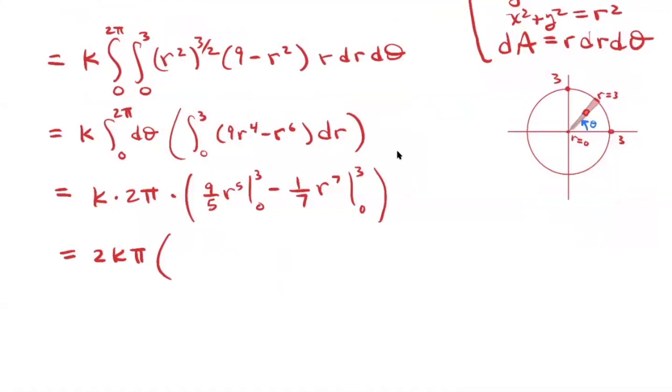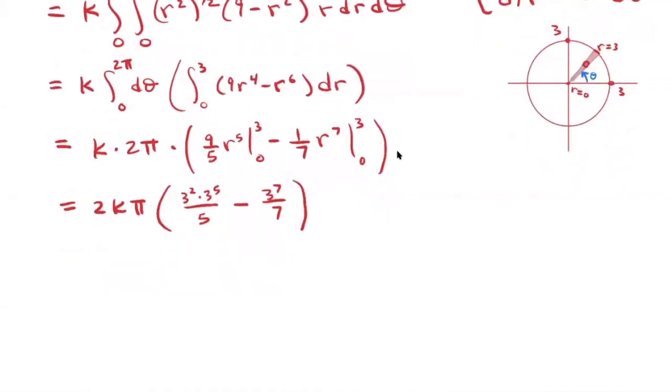So you could see this as 3 to the 2nd times 3 to the 5th over 5, minus 3 to the 7th over 7. See where I'm getting at? So you could just look at this as 2k pi times 3 to the 7th times a 5th minus a 7th.